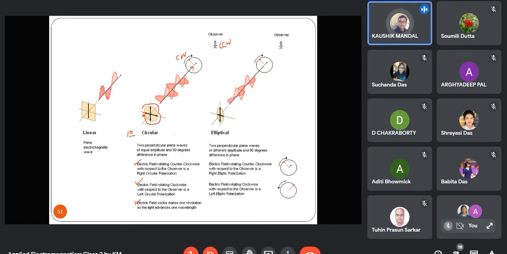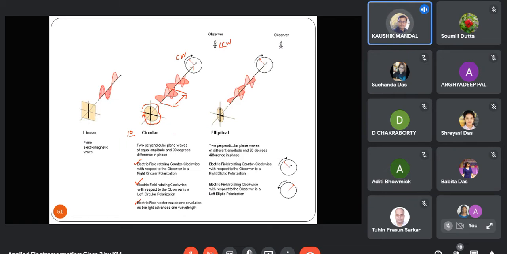So in one revolution, what will be the advancement of the wave? The wave will advance by one wavelength.